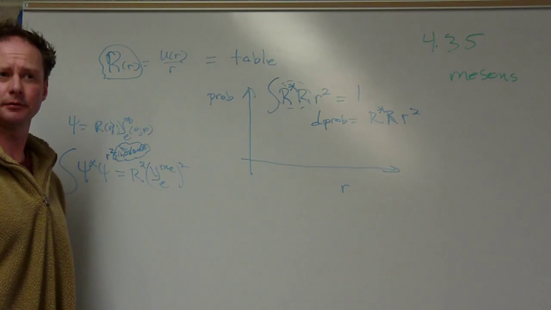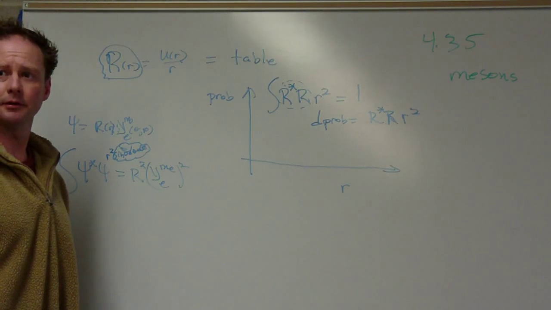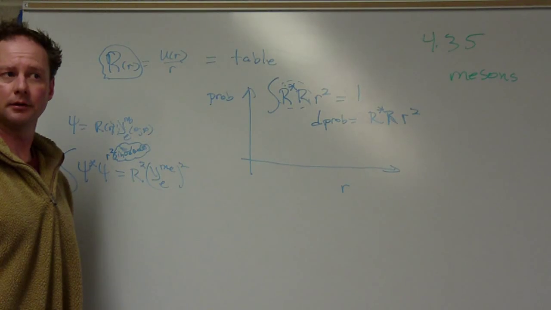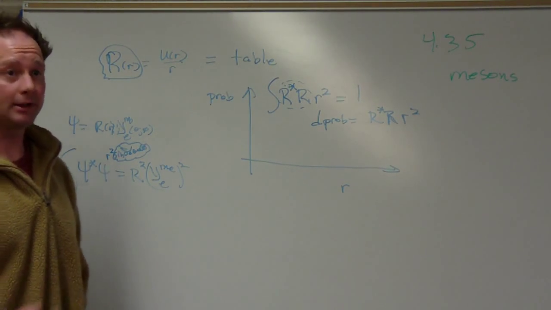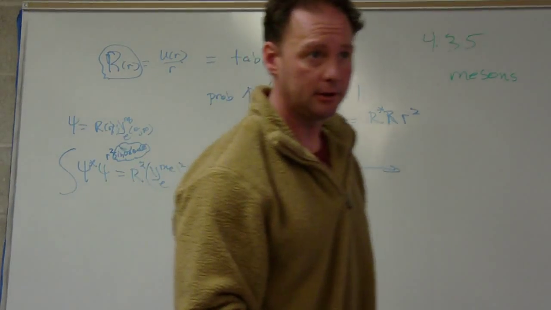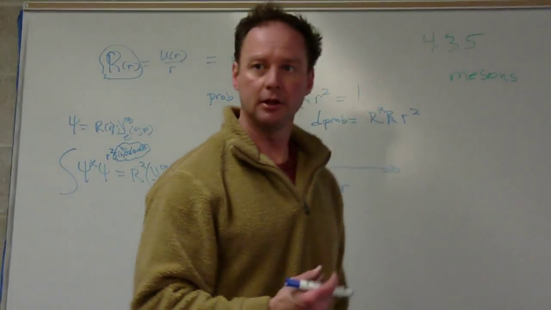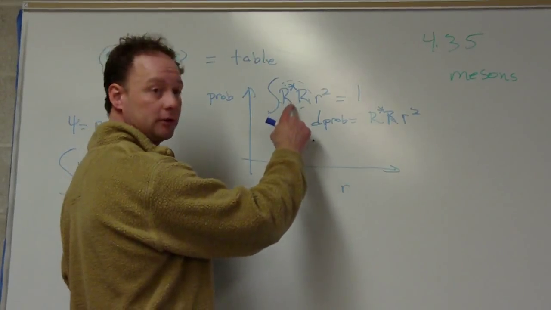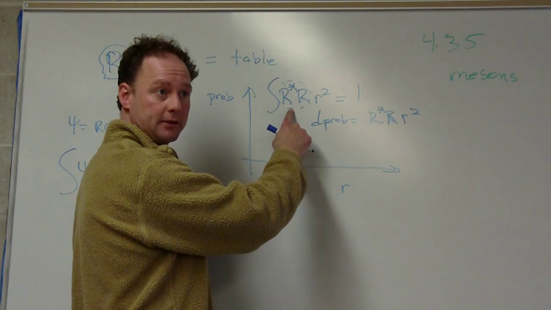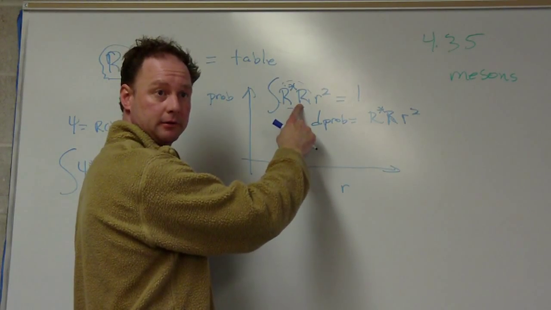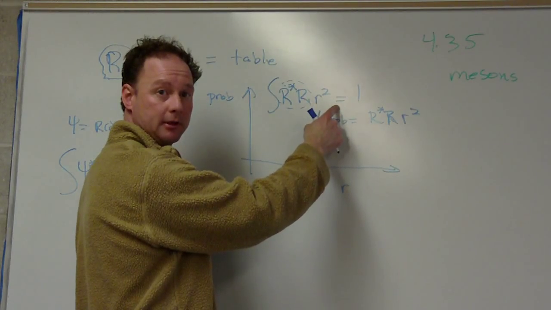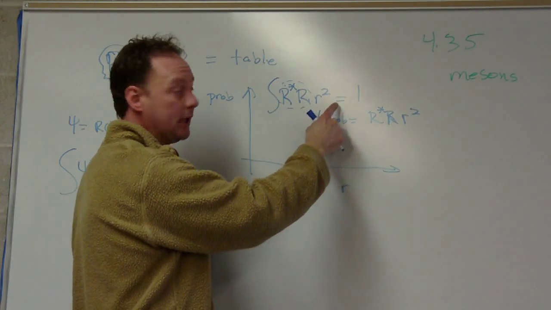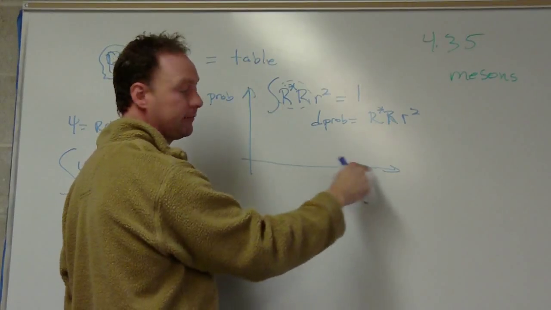Everybody see that? Okay, so I asked you to plot this, right? And so to plot it, you have to get the radial function for an s orbital, square it, and then multiply it times r squared, and then plot this thing as a function of r.